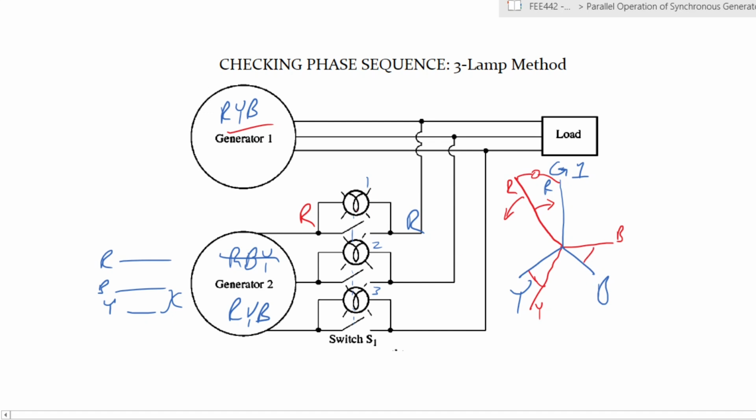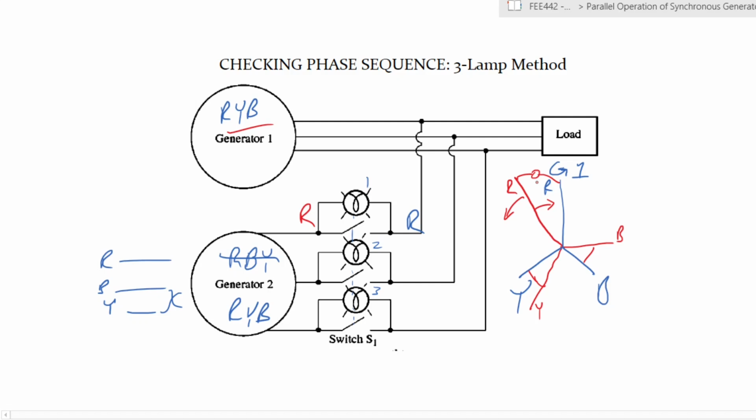So what the lamps are actually showing is the phase difference between the two. So as long as there's a phase difference between the two, there will be some voltage circulating between them. So the aim of checking the phase sequence is to ensure that you can see that brightness or dimming going in the same sequence, right?